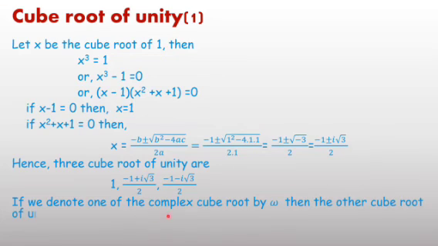We denote one complex cube root of 1 by the omega sign, and the other complex root by omega square. Second complex root we are taking as omega square. It implies you can easily observe that these two complex roots are squares of each other. If any one root you take as omega, the second you will get as omega square. You can verify it also.